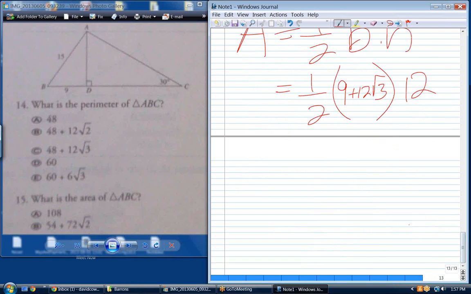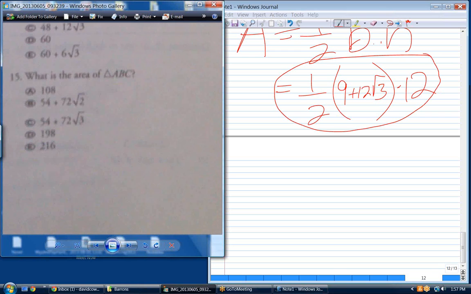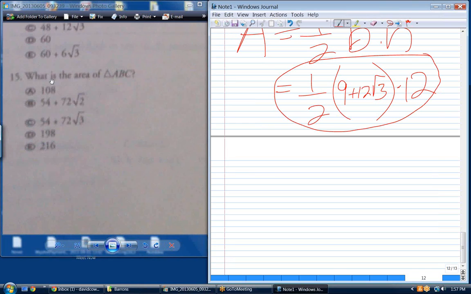So let's simplify this. Times 12, excuse me. What's the best way to simplify this? Because that's not on there as an answer. What are the answers? Right here? Okay.